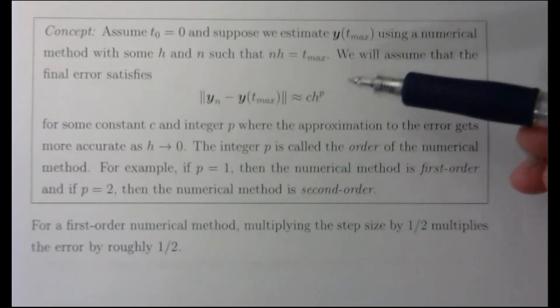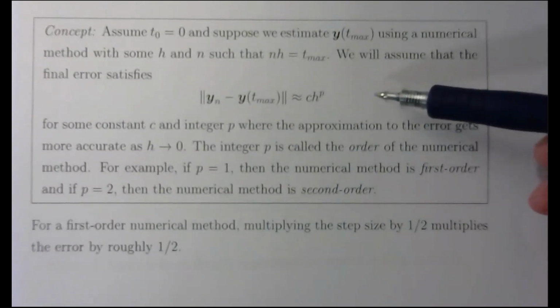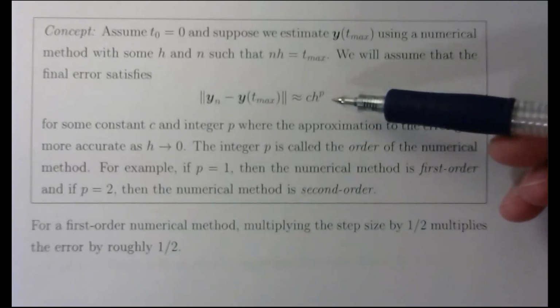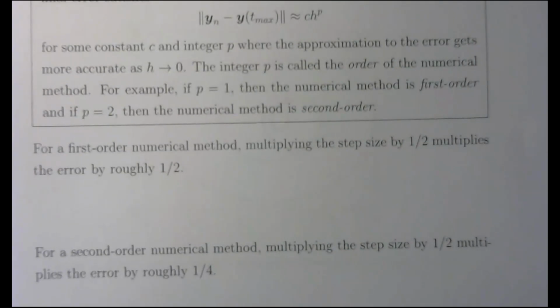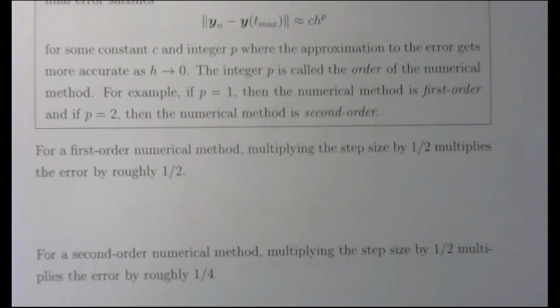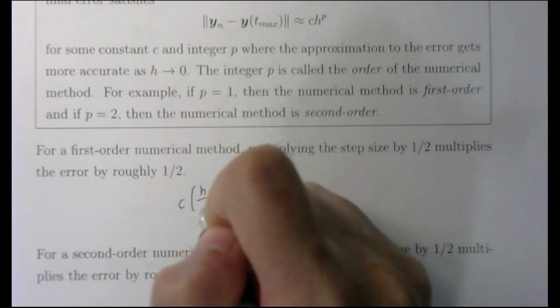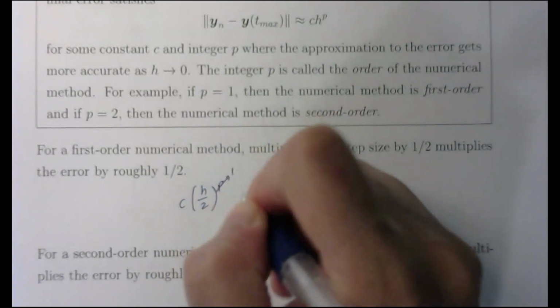If p is equal to 1, I call it a first order method. If p is 2, it's a second order method, and so on, meaning that this goes to 0 like h or h squared. So if I have a first order numerical method and I multiply the step size by a half, I have c times h over 2 to the p, and p is equal to 1.